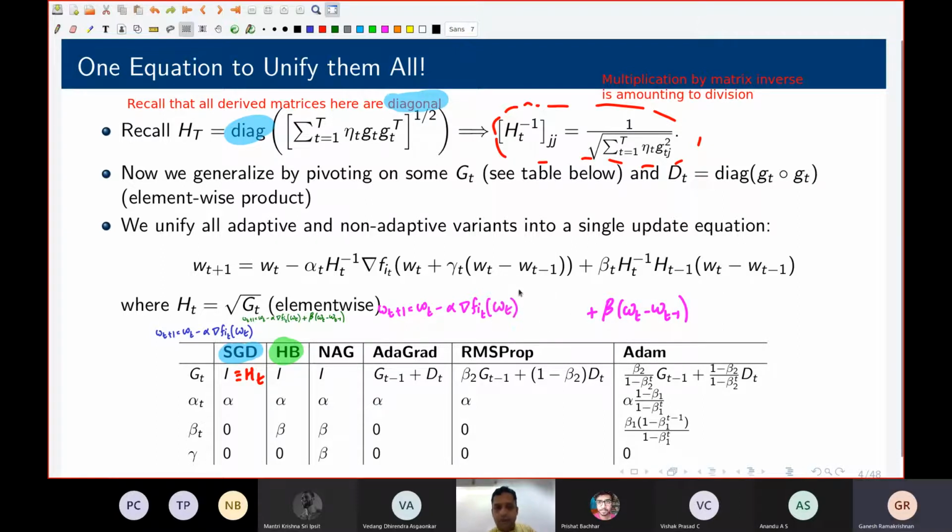It's WT plus something. The gradient is evaluated at WT, right? Plus a beta, the step beta of WT, the same thing: WT minus WT minus 1.